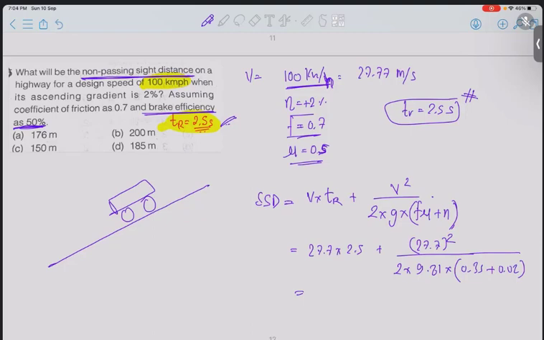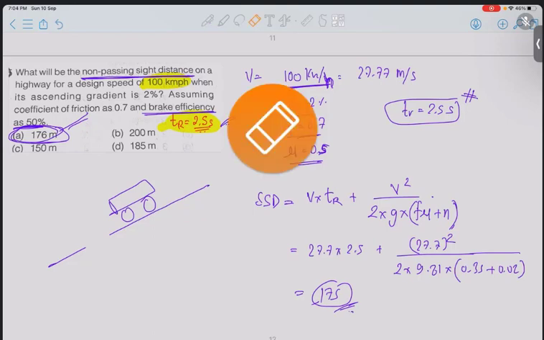Then 105 plus 27.7 into 2.5, that is 174.9. So 175 you can say. The closest answer to this is 176, so we are going to select 176 as our answer. And if we were to encounter another question in which we were asked to use this stopping sight distance, we will use 176, not 170.